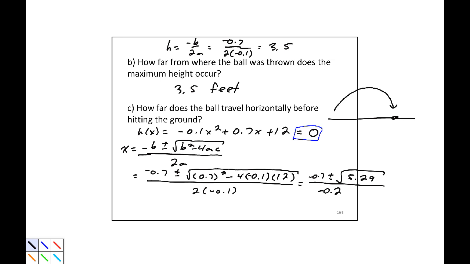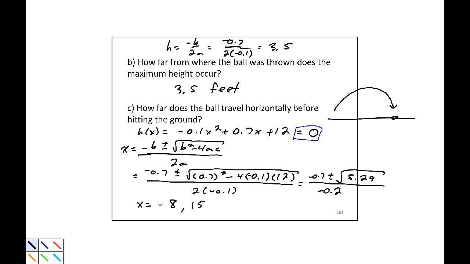Negative 0.7 plus the square root of 5.29, and then divided by negative 0.2, is negative 8. That's one value. I'll do the same thing but with a minus. Negative 0.7 minus the square root of 5.29, and then divided by negative 0.2 is 15.